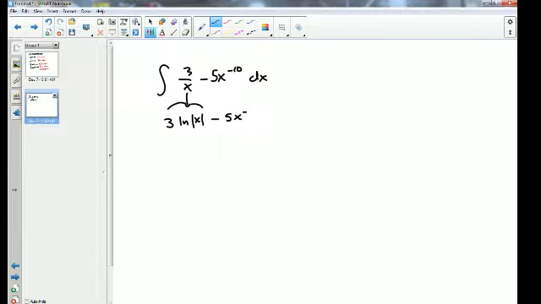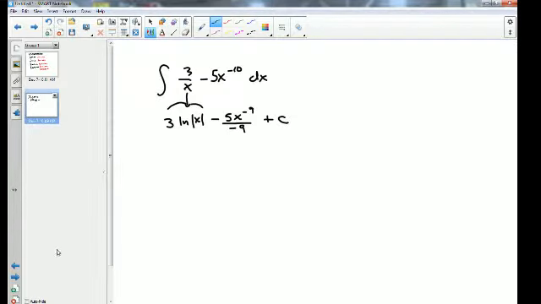Add 1, negative 9, divide by negative, plus constant. I always try to do the power rule and multiply them every time. We'll get used to not doing that unless you're doing a derivative.